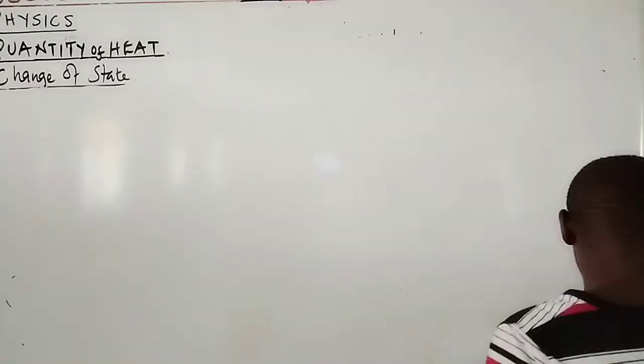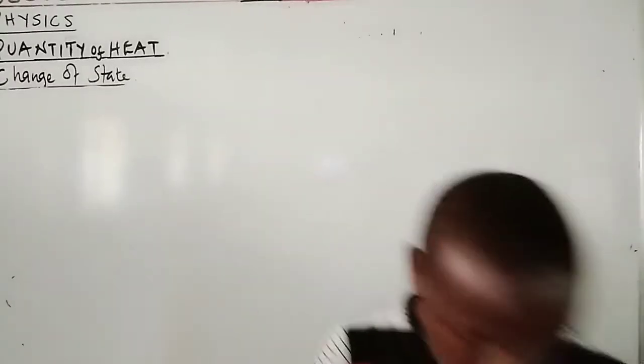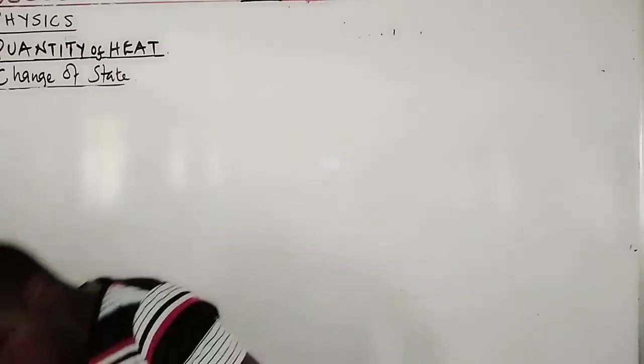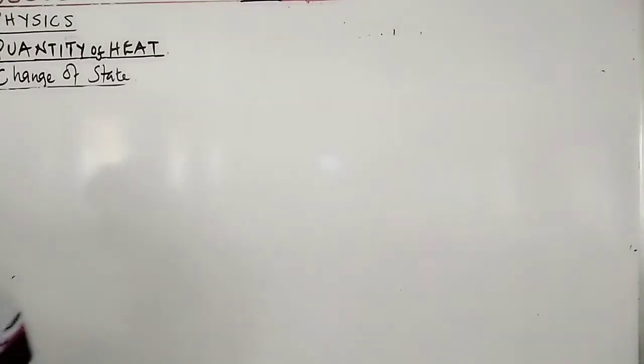So first of all, write the question just as we have done in the former. First, start by copying down the question. So number 15 says define the term specific latent heat of fusion, which is the term we just defined in the former question.